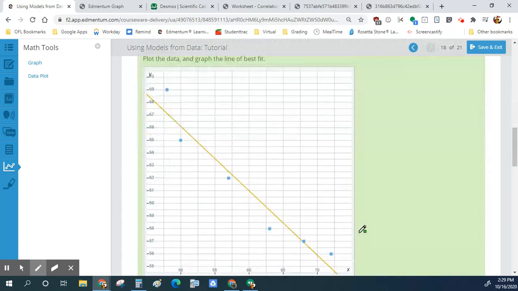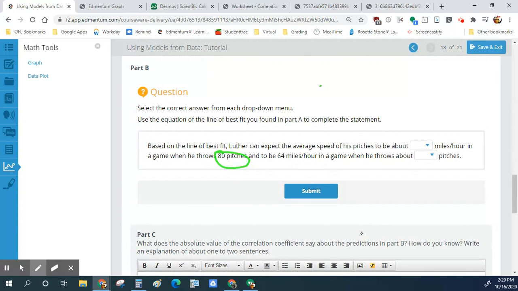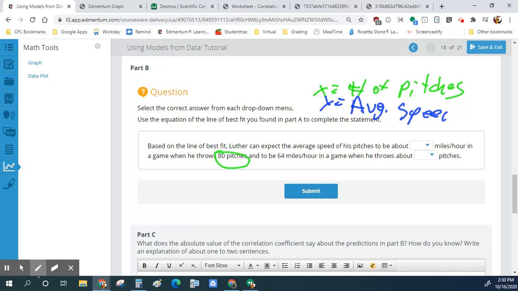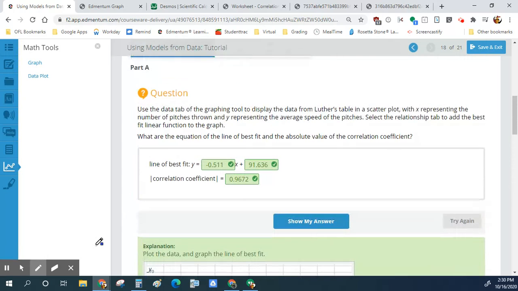So X represents the number of pitches, meaning that our Y equals average speed. And let me scroll up here.